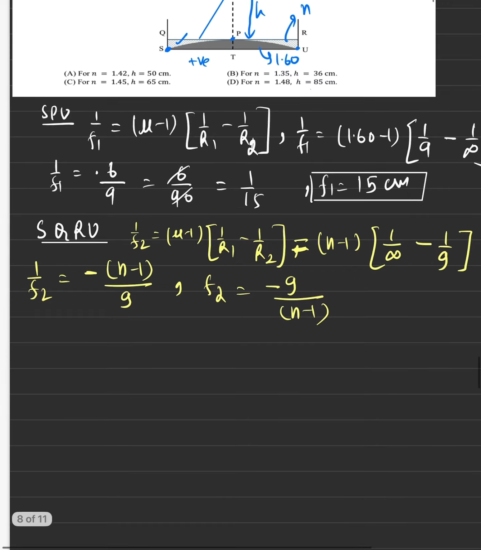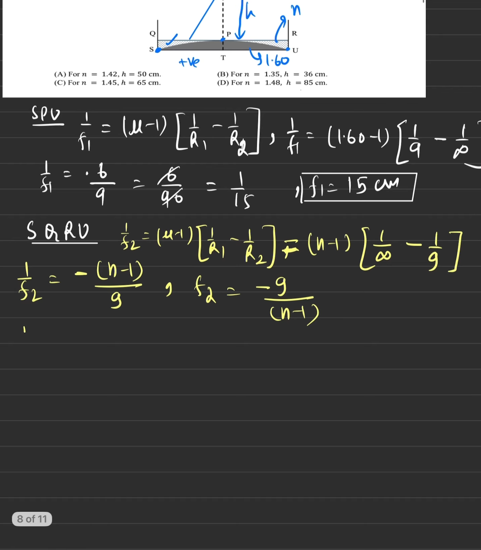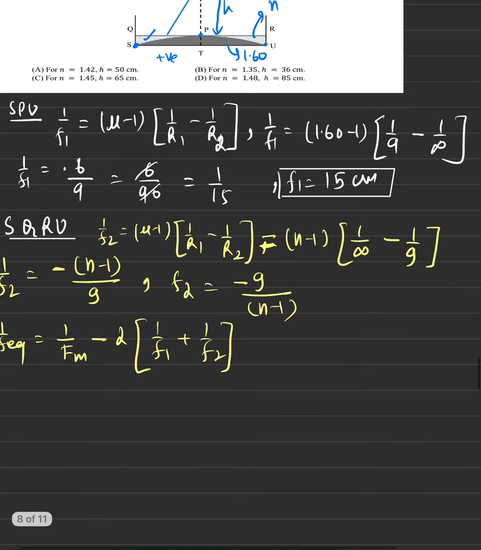If we want to calculate the equivalent focal length of the combination of mirror and lens, we can write 1 by f equals 1 by the focal length of the mirror, minus 2 times (1 by f1 plus 1 by f2). This is the value of the focal length of the combination. Here STU acts like a plane mirror, so its focal length will be infinite.